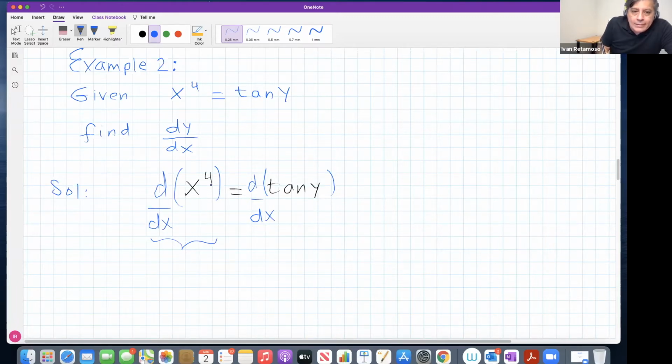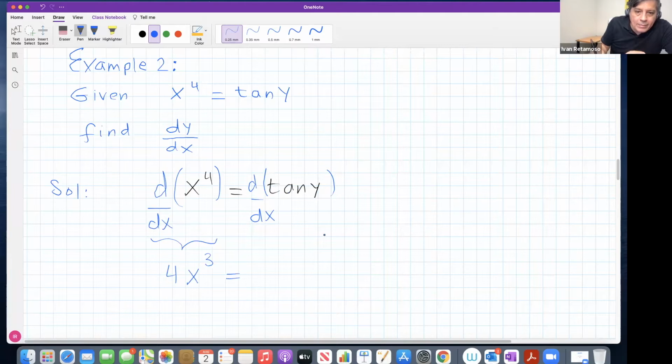And this step kind of makes sense because if these two guys are equal, the derivative should also be equal, right? Very good. So what is the derivative of x to the 4th? 4 comes up front, 1 less stays 3, right? No problem taking derivatives of expressions written in terms of x, right? This is just this. But here, however, you have to be careful because your expression contains y's, and we are taking the derivative of tangent of y with respect to x.